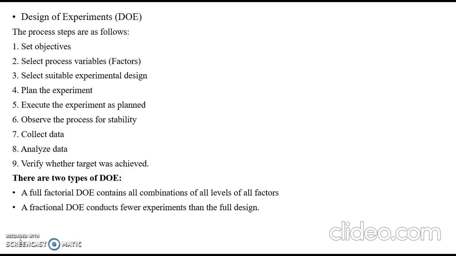Next, the second type of DOE is fractional factorial DOE, which conducts only fewer experiments than the full design. A full factorial design is not always necessary, running each and every single combination of every single factor at every single level in the experiment. So, experimenters can work with subject matter experts and analysts to determine which interactions are likely to be negligible.